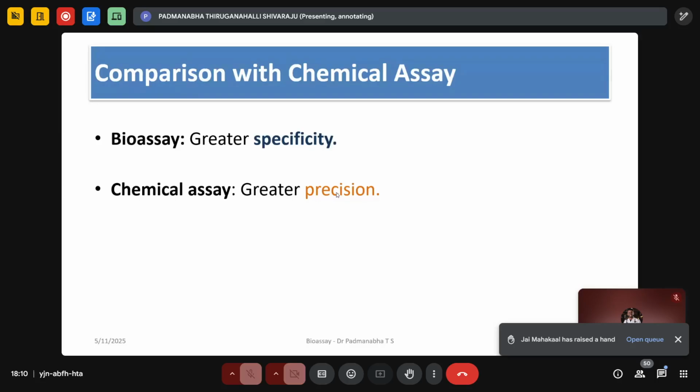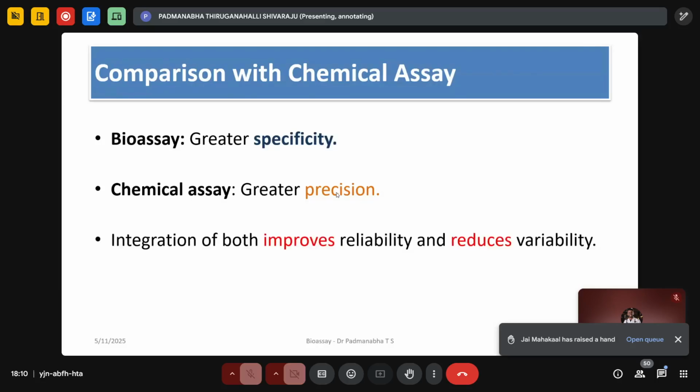So please remember, bioassay gives us the greater specificity, whereas chemical assay gives us the greater precision. When we integrate both the bioassay and chemical assay, we improve the reliability and reduce the variable response with respect to the tissue. In turn, we finally improve the reliability so that it can be measured many number of times.